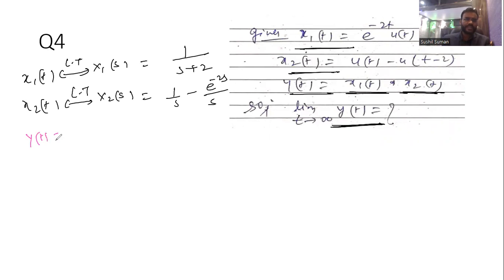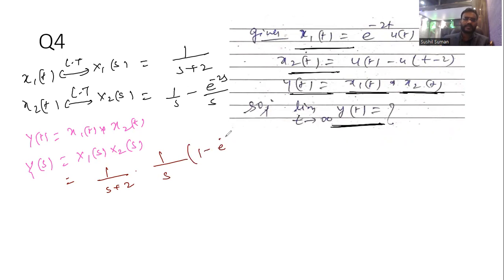Convolution in the time domain is multiplication in the frequency domain. So Y(s) is X1(s) into X2(s), which is 1 upon s into (s plus 2), times (1 minus e raised to power minus 2s). This is your Y(s).